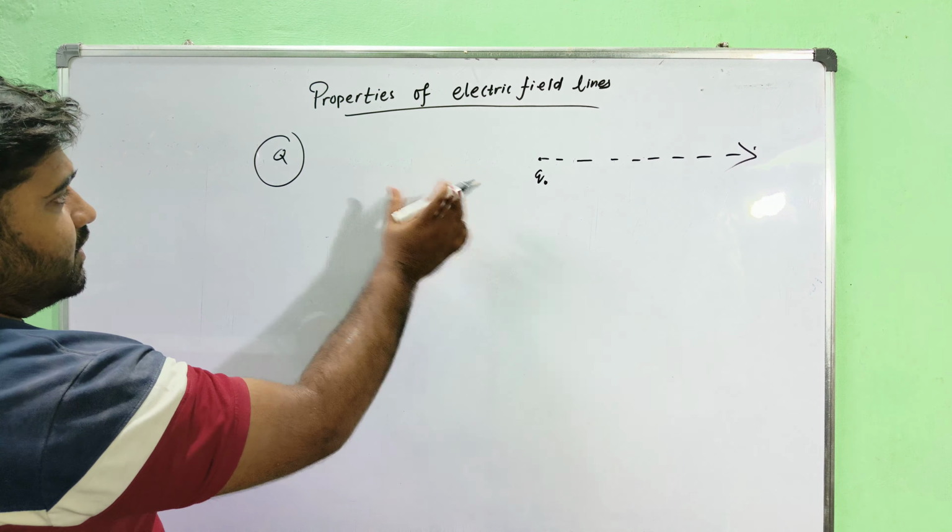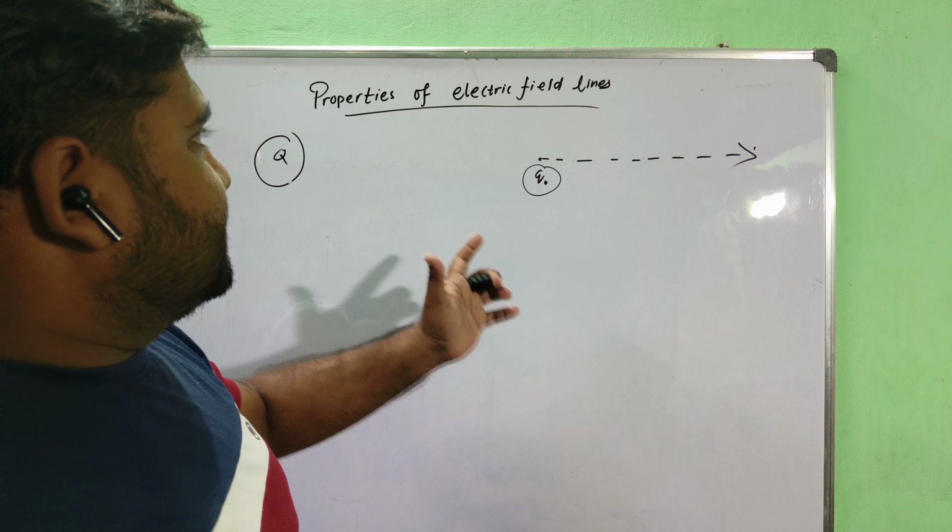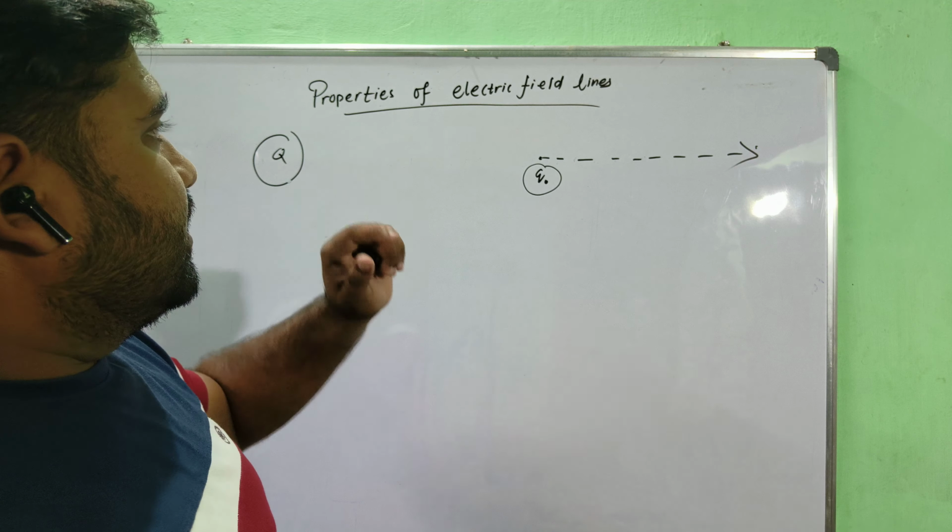The path it is following is actually an electric field line. Just assume that there is no other electric field in its surroundings. It will follow a path, and that path is our electric field line.